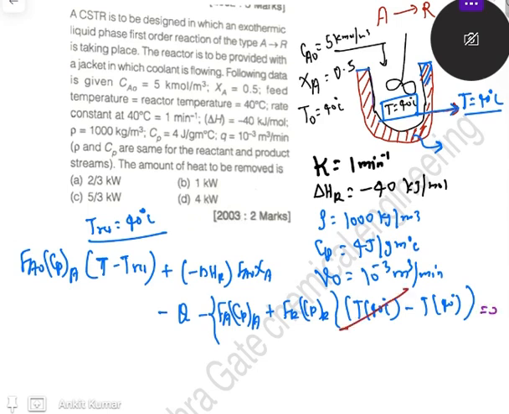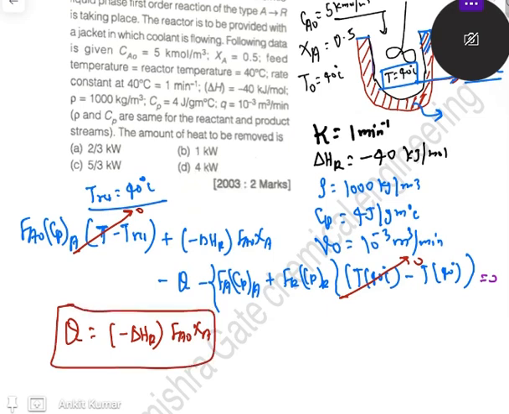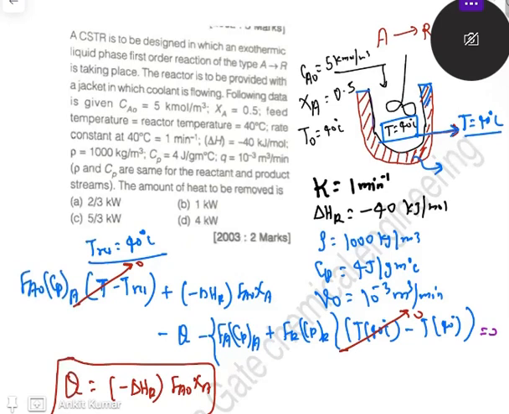Since these terms are 0, the total amount of heat removed is equal to minus delta H of R, the enthalpy of reaction, times Fa naught Xa. That's it. This is a trick you need to apply here, because the confusing part is that some students make a mistake and include this other part too.